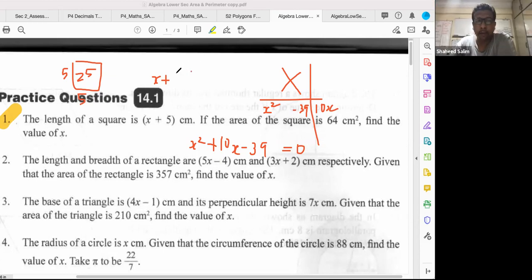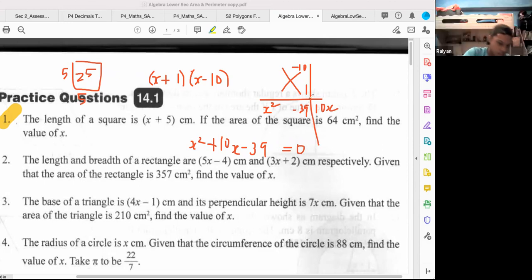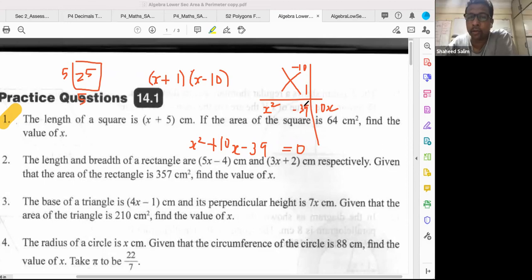Sorry, x plus what? 1. Then x minus 10. Okay, so let us see. If you have minus 10 here and 1 here, 10 times 1 is 10. Cannot be. It has to be a number that you can get. Okay. What times what equals 39 down here? You see, x times x is correct. Your x is correct.